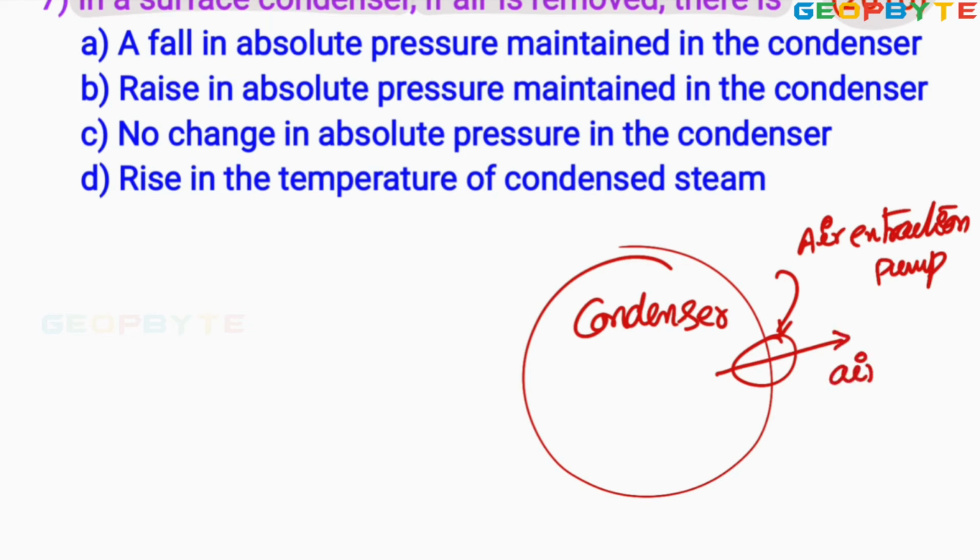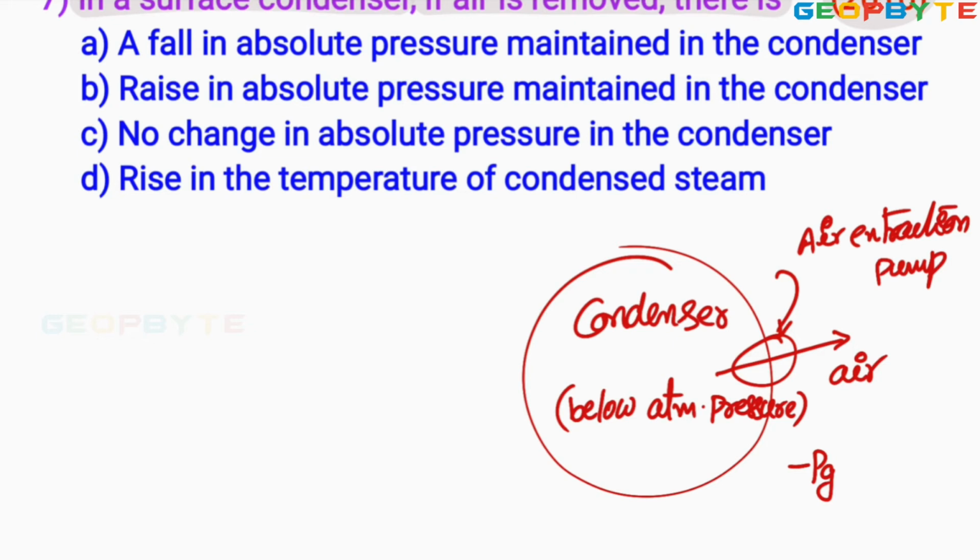Once the air is removed from the condenser, the pressure inside the condenser is less than atmospheric pressure, that means below atmospheric pressure. That means the condenser is always operating with a pressure less than atmospheric pressure, or negative gauge pressure.